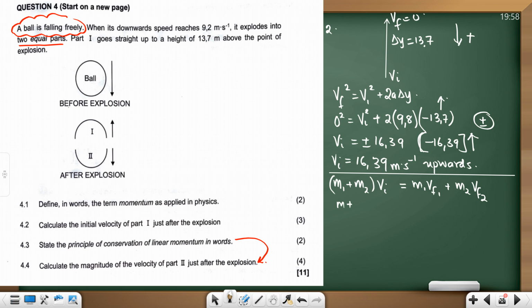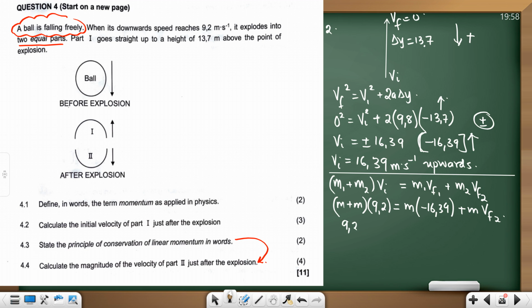Since they are two equal parts, what's my initial? 9,2. Now, M, what is my final velocity after explosion of object 1? Negative 16,39. Why? It goes up at that point of explosion. Plus M, and I don't know Vf2.